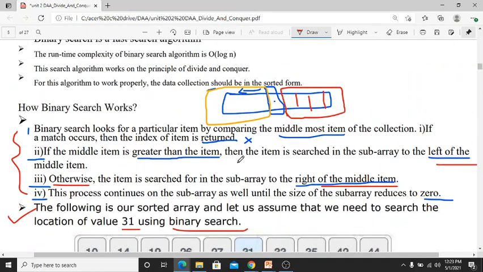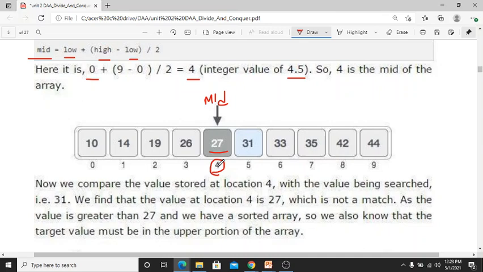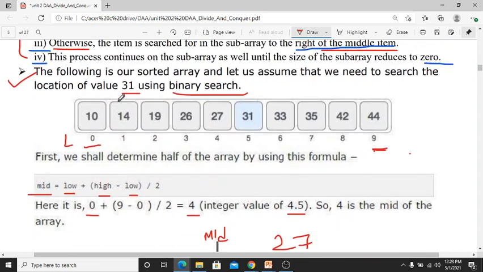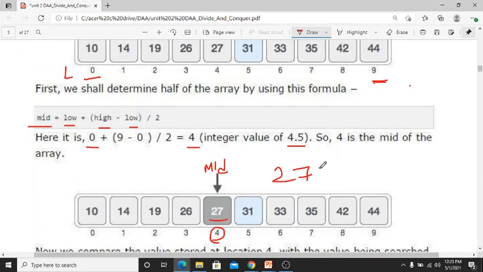First, the middle value should be compared with this. What is present in the fourth location is 27, and we are looking for 31. Just check: are these two things equal? No, it is not equal.